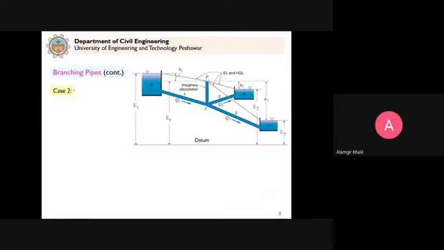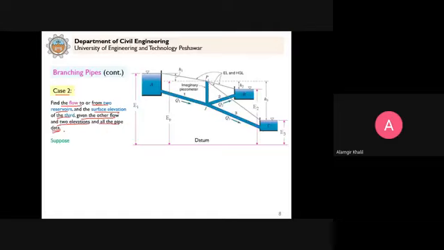Next we have case 2. So what is case 2? Find the flow to or from two reservoirs and the surface elevation of the third, given the other flow and two elevations and all the pipe data, meaning the length and the diameter.